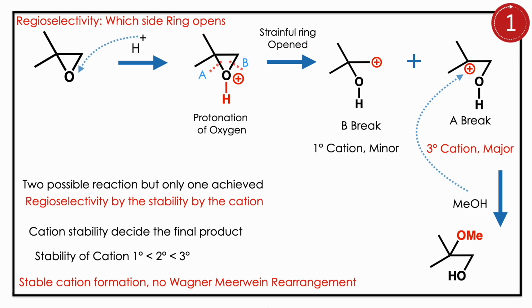As we have seen already, there are two possibilities, A or B opening. B breaking leads to the primary cation, A breaking leads to the tertiary cation. So regioselectivity is achieved through cation stability. Then methanol attacks, and you have the final product. The concept outlined here is that whenever you imagine an epoxide in acidic condition, always think of regioselective ring opening.